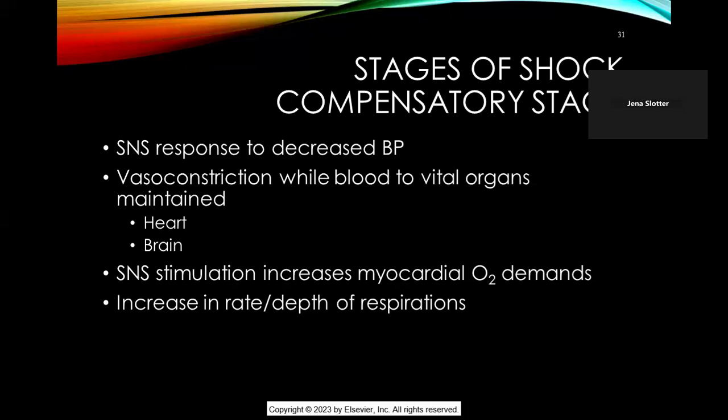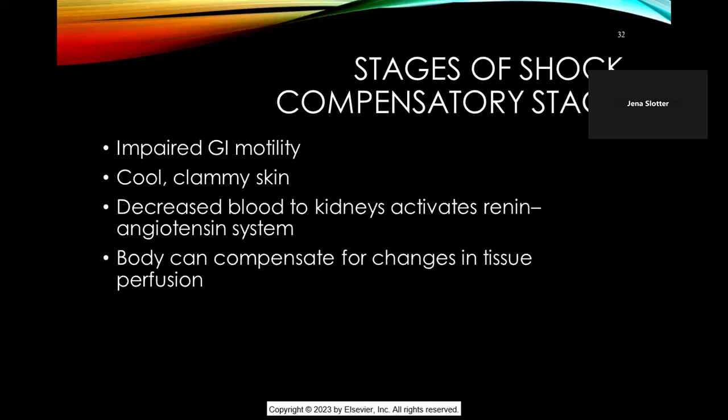We're shunting blood away from a lot of the other organs. Like we've talked about multiple times, we're going to have impaired GI motility as the body takes blood away from the bowels and a lot of the organs in the abdomen. We're going to have slowed peristalsis, and obviously a risk for ileus because of that.